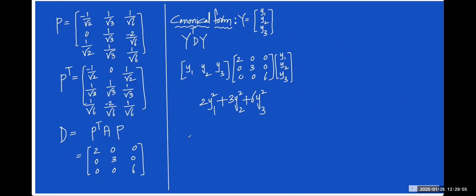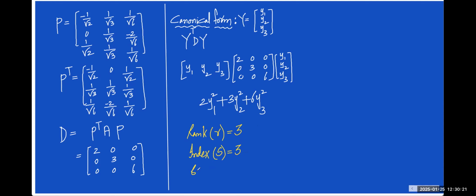So look at rank, denoted by small r. In this diagonal matrix, how many non-zero rows are there? 3. Rank is 3. Index, denoted by capital S, is the number of positive square terms in this canonical form. So there are 3 positive square terms.